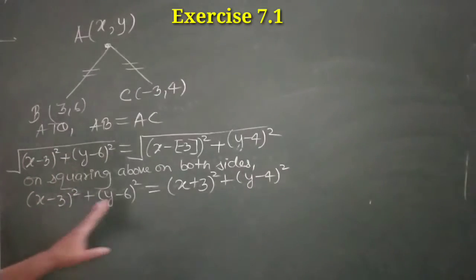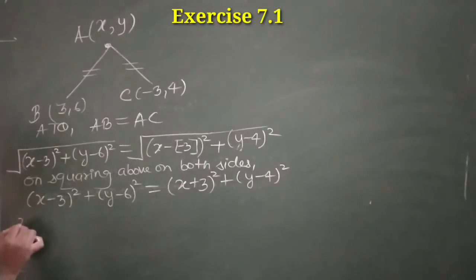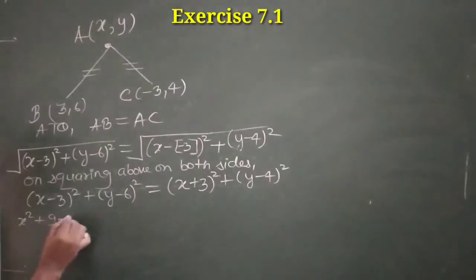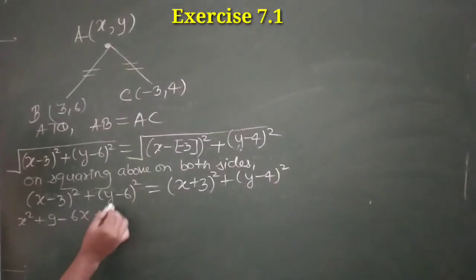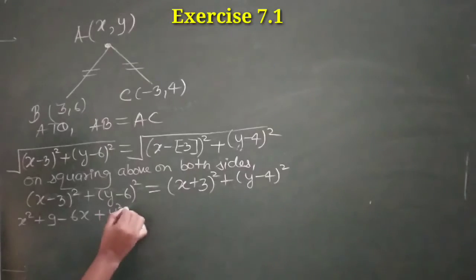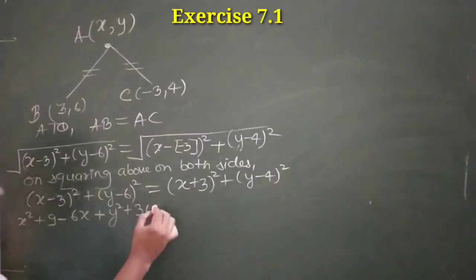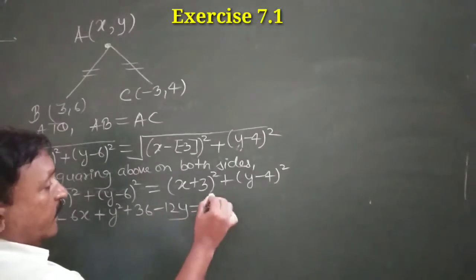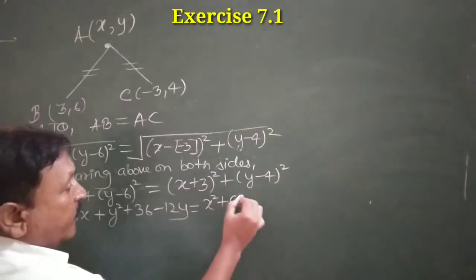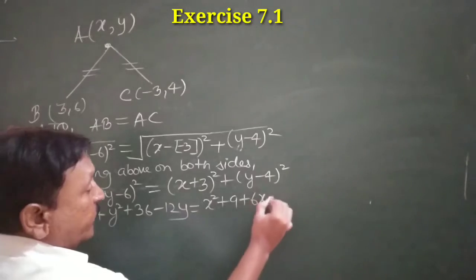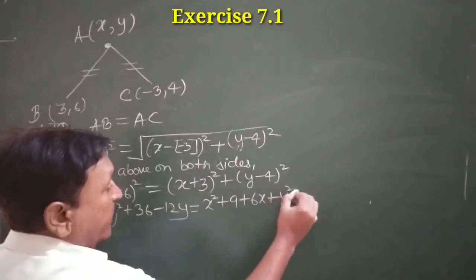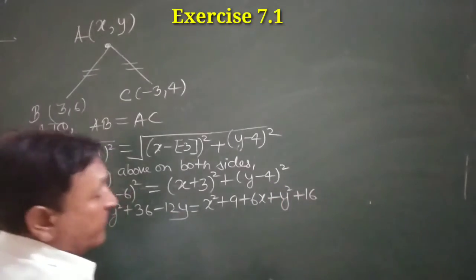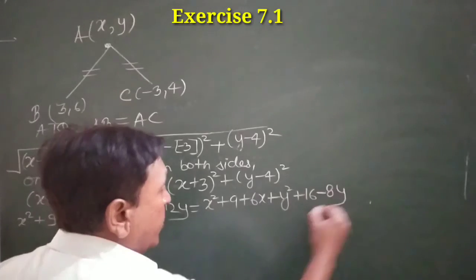So we have to now expand them. Expand it. a square plus b square minus 2ab, plus a square plus b square minus 2ab, equals a square plus b square plus 2ab, plus a square plus b square minus 2ab.